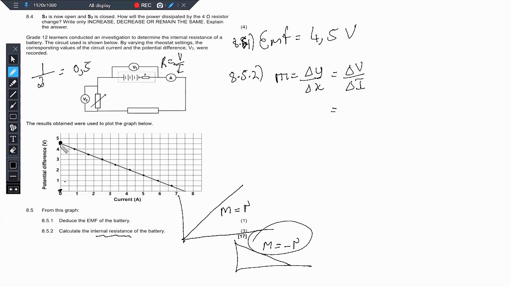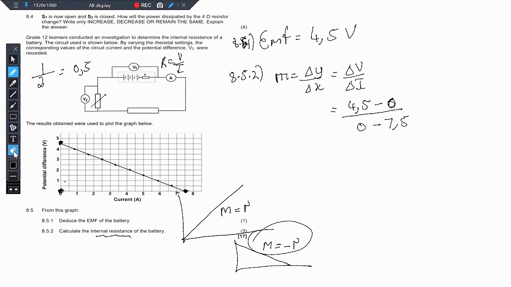We can simply choose to take this point and the 0 here, and then take the total current and the 0 there. So basically I'll just go 4.5 minus 0. And then down below, I have to take the x value that corresponds to the 4.5, so it's 0. And then the x value that corresponds to this 0 here is 7.5 from here. I hope that makes sense.